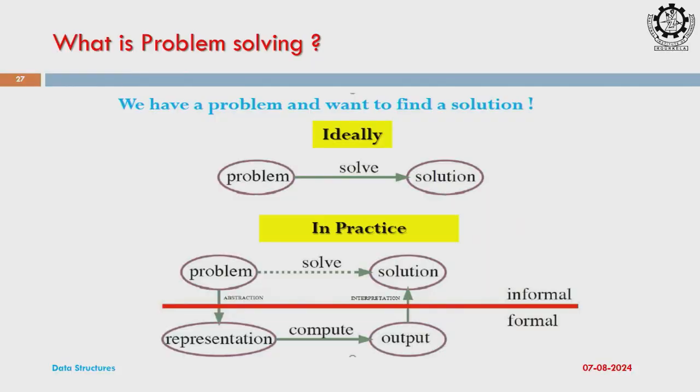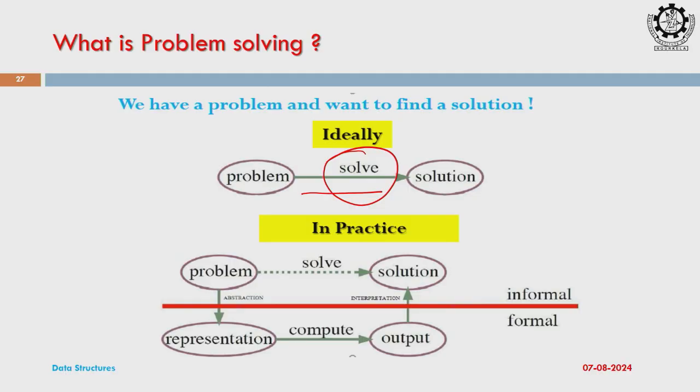Now look at the simple problem solving process with the help of a computer. A problem is there, and we will go for a solution, assuming that a solution exists. So, the process is that we solve the problem to get the solution. How are we solving the problem here? We are solving it with the help of a computer or a machine.